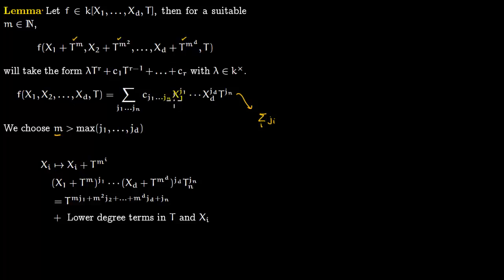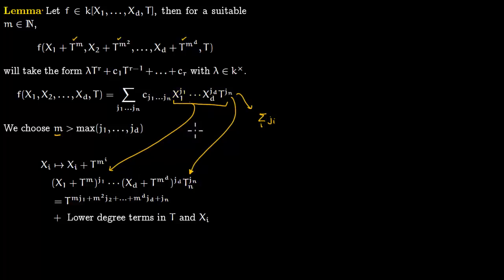So just focus on this part for a minute. Every term will have this thing, so this thing will transform into this. So x1 becomes x1 plus t to the power of m, raised to j1, then x2 will become x2 plus t to the m squared, raised to j2, and xd becomes xd plus t to the m to the d, raised to jd. So this jd is coming right here, this j1 is coming right here. Here we are not doing anything and just copying it as such right here.